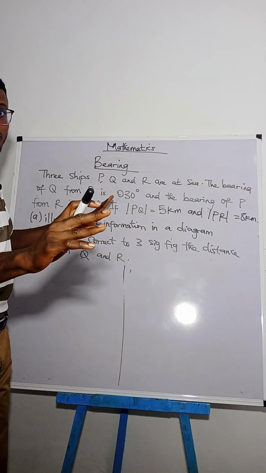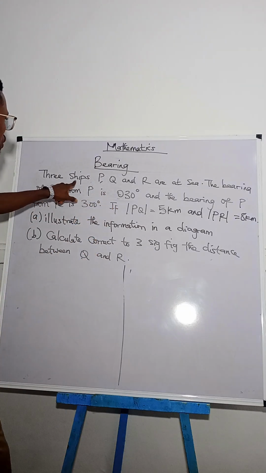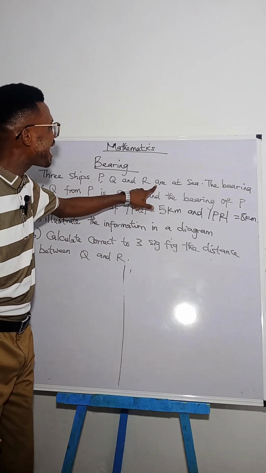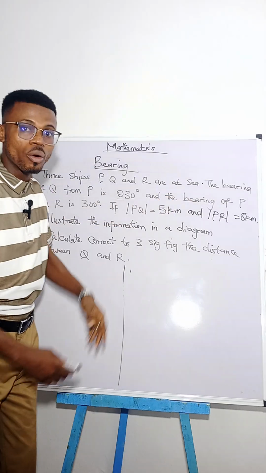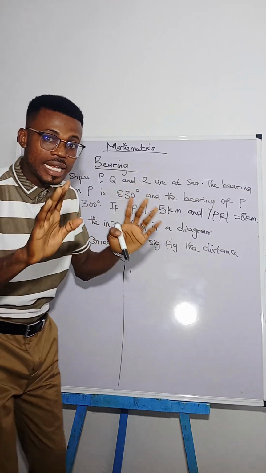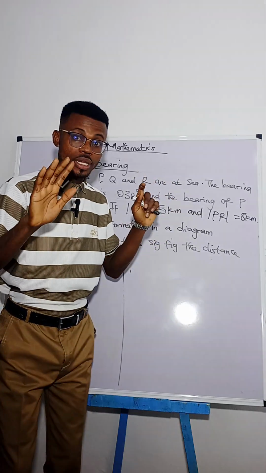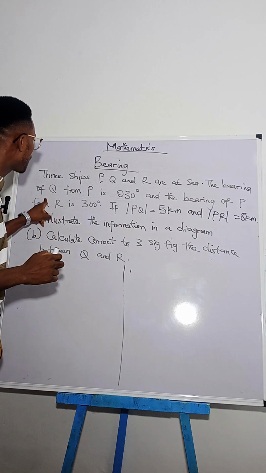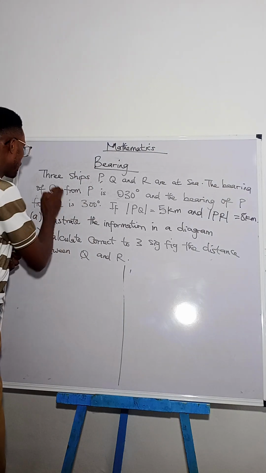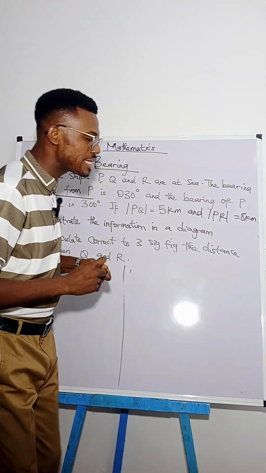Now let's look at it very critically. Three ships P, Q, and R are at sea. So first things first, we're going to have 3 points: point P, point Q, and point R. And the bearing of Q from P is 30 degrees.